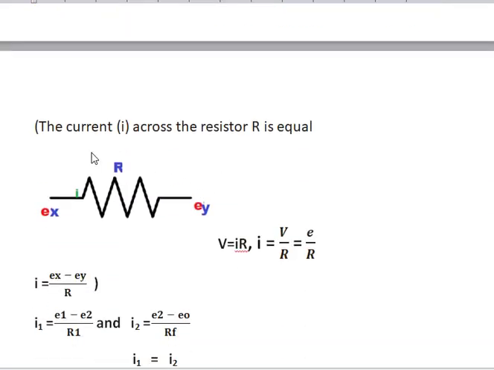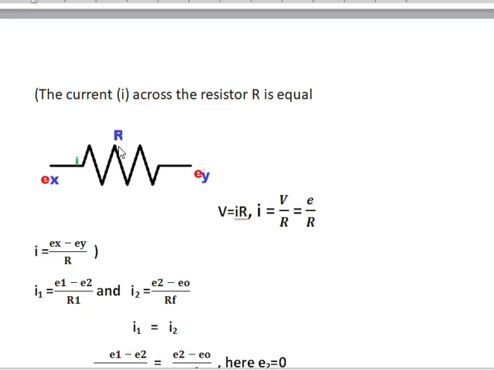In this diagram, the current passing through the resistor is I. At this end, the voltage, the EMF, is EX. At the other end, the voltage or EMF is EY.